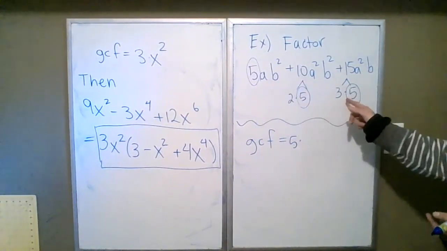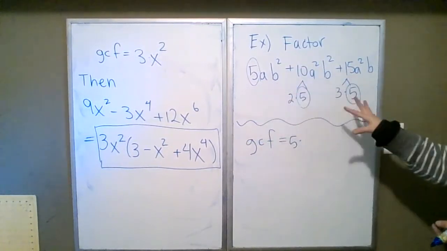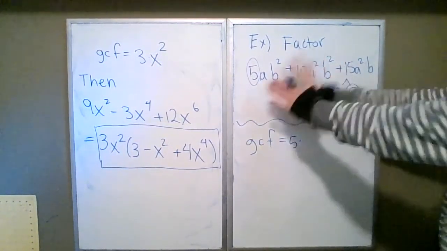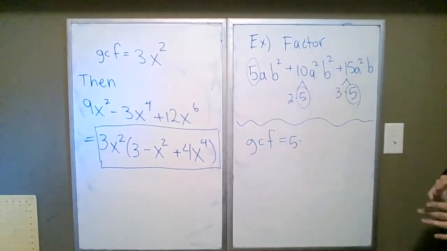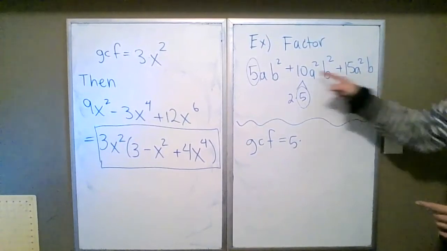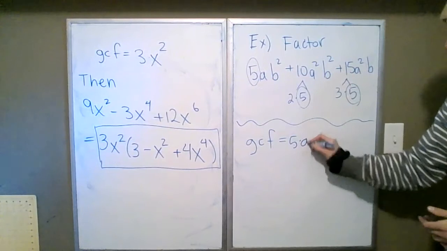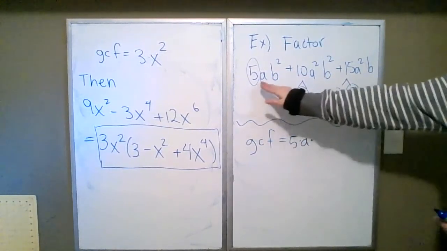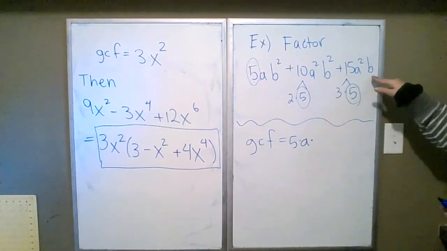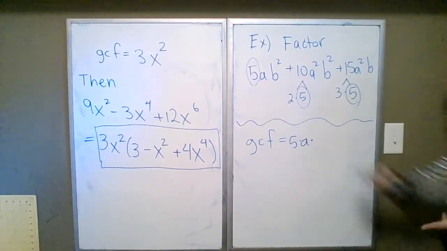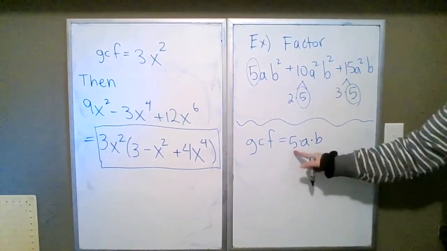And then same for 3. There's a 3 in the last term, but not the other 2 terms. So we don't use those because they're not common to all 3 terms. There's your variable a, and you want the smallest power, which is here, a to the first. And then pick that variable b with the smallest power, which is over here, b to the first. Okay, so we can factor out 5ab.